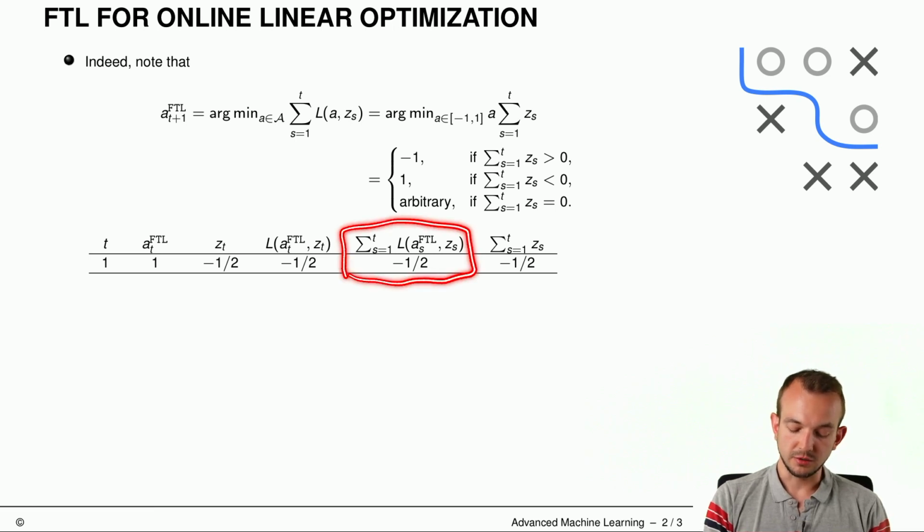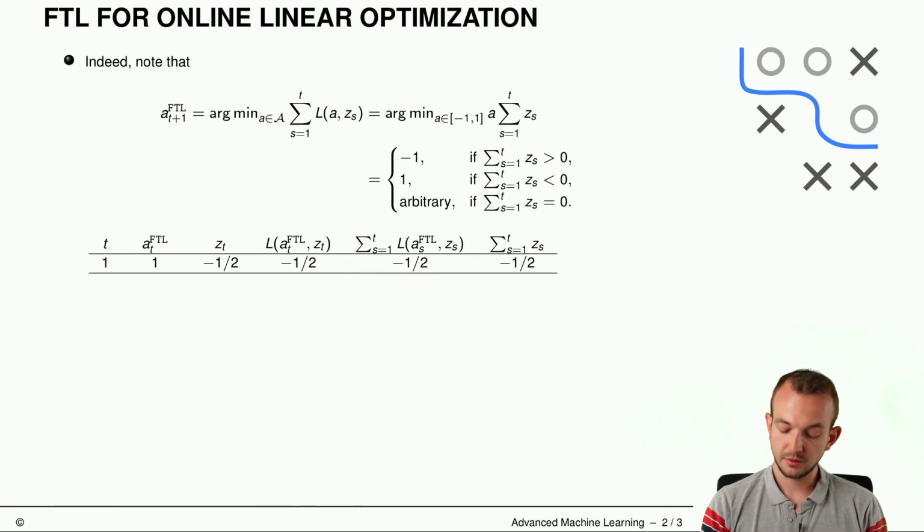Now, what's the cumulative loss? Well, we have suffered a loss of -1/2, so we are doing good right now. And let's keep track of the sum over the Zs, the environmental data points, and the first one was -1/2, so we have here -1/2.